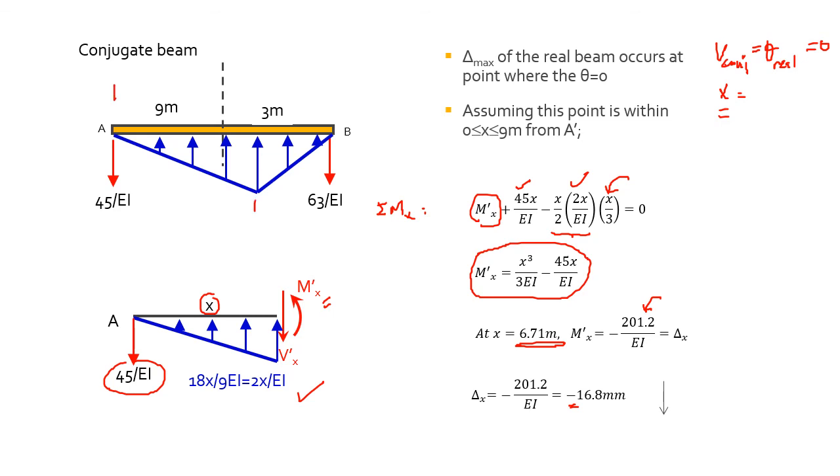The equation that you developed here is for X between 0 and 9 meters, A to C. So when you do this and you don't get a value in this range, it simply means that most probably the deflection is not between A and C, but between C and B. So you need to also cut at that point and check the maximum value.